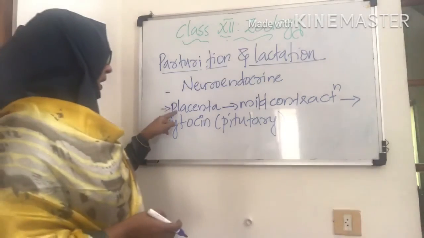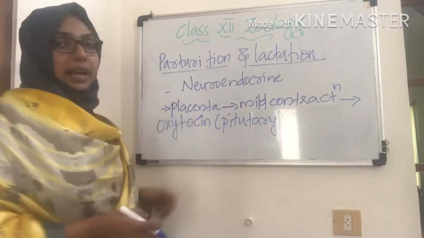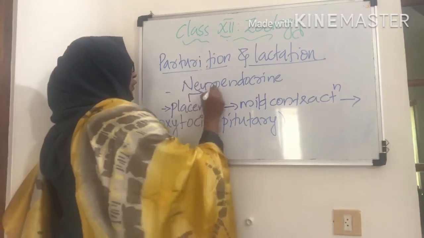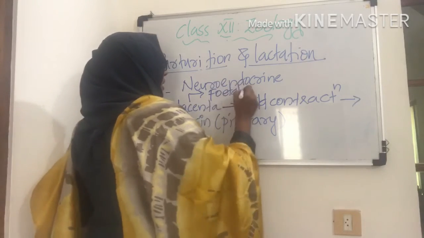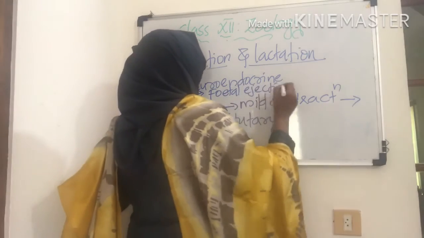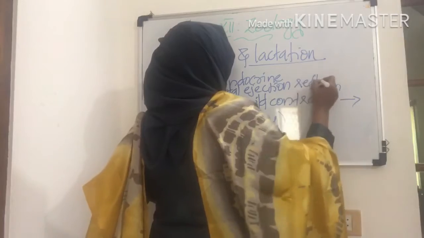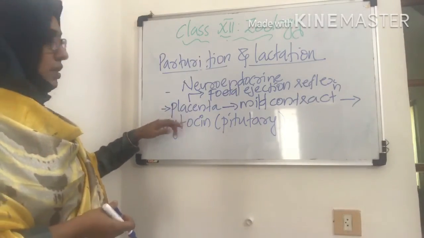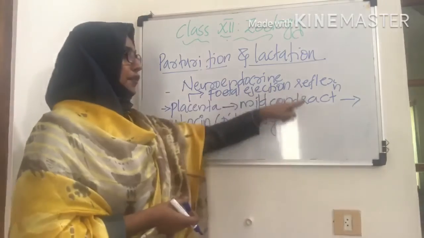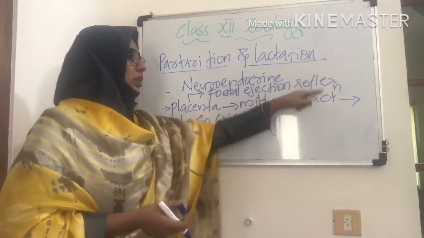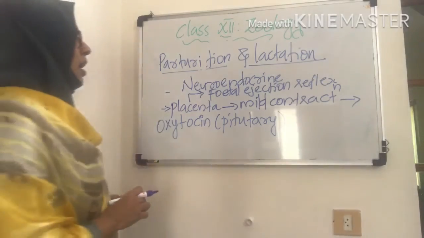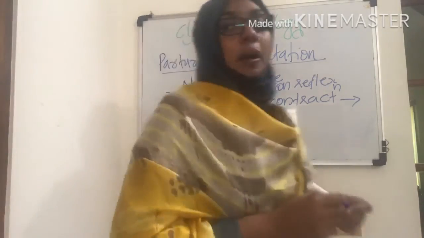This mild contraction created by the placenta is known as, sorry, I missed explaining that, the fetal ejection reflex. Clear? Placenta is causing mild contractions. That is known as fetal ejection reflex. That fetal ejection reflex will cause the release of oxytocin from the pituitary gland of the mother.